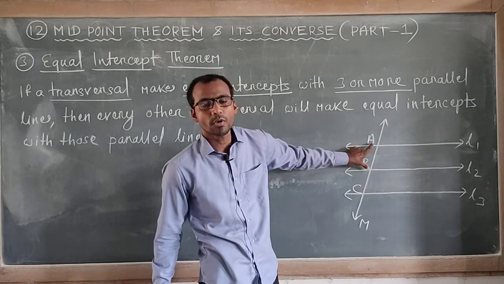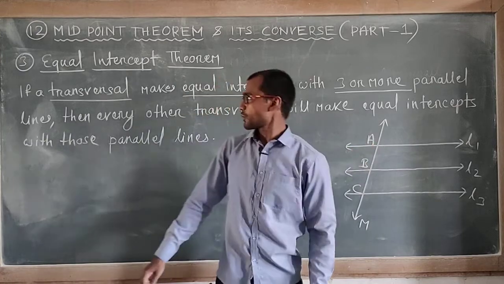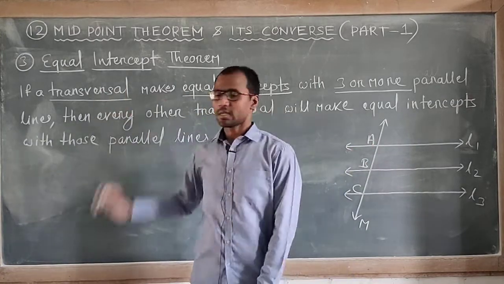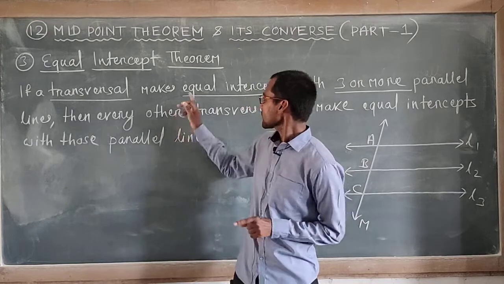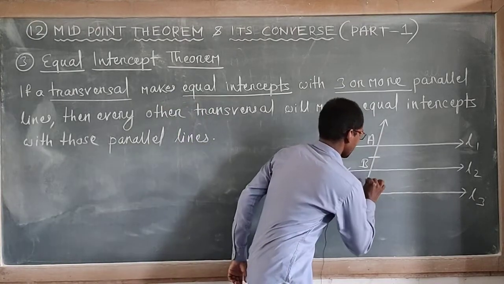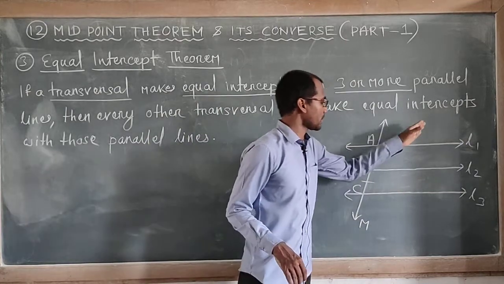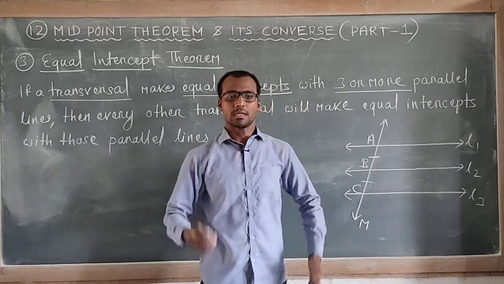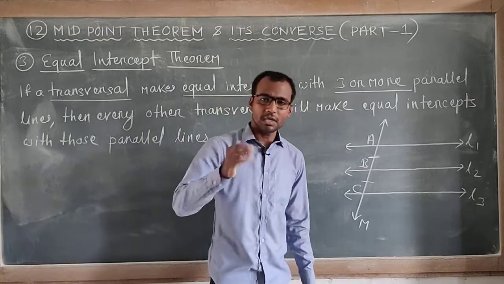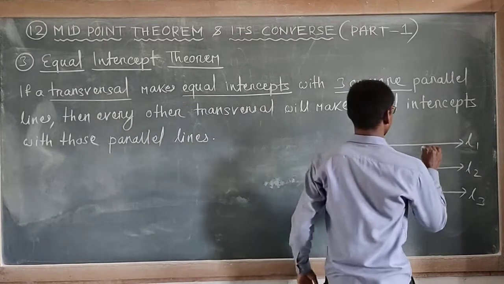And according to the theorem, if a transversal, this line m, makes equal intercepts, suppose AB is equal to BC, with 3 or more parallel lines, then every other transversal, now randomly you can draw any other transversal. Suppose I am drawing like this.